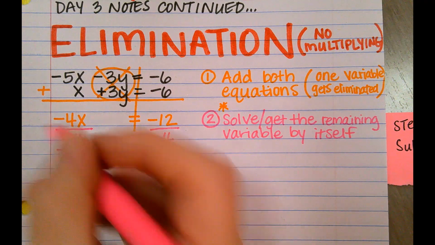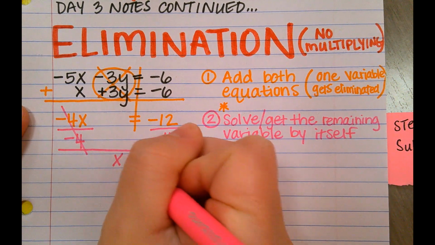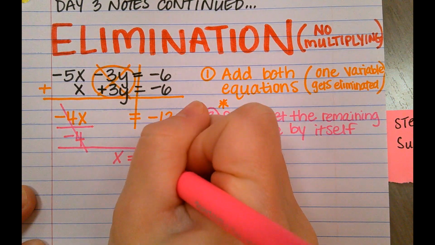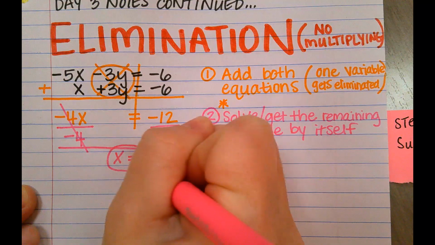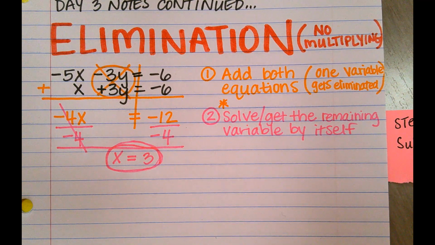My -4's cancel. Bring down x, bring down equals 3. Good, so step 2 is done. I got the remaining variable by itself. We solved for x.